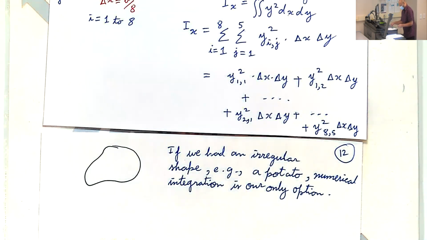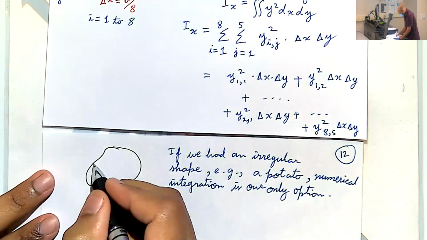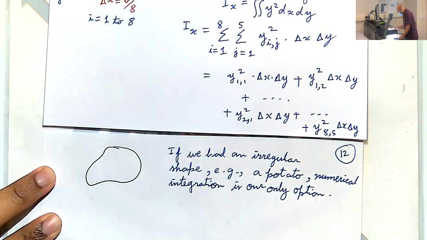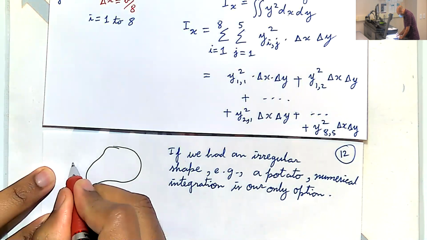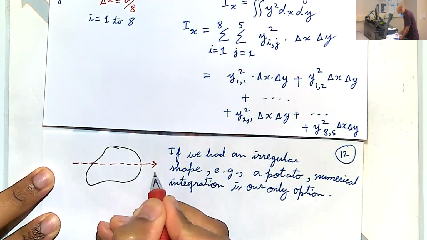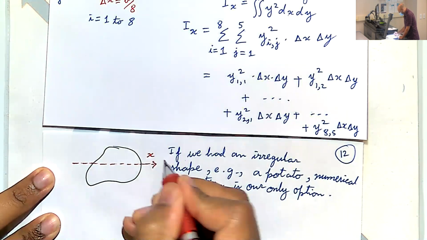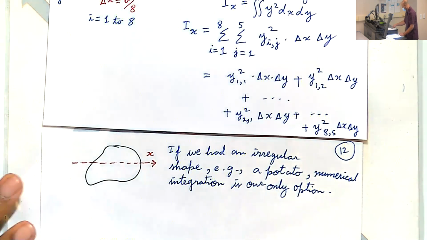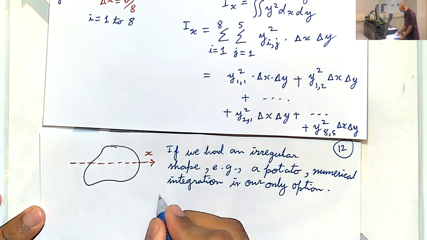So this potato's x-axis through the center of mass or center of area goes here. So this is the x-axis. All right. And then I ask you, how do you write Ix?